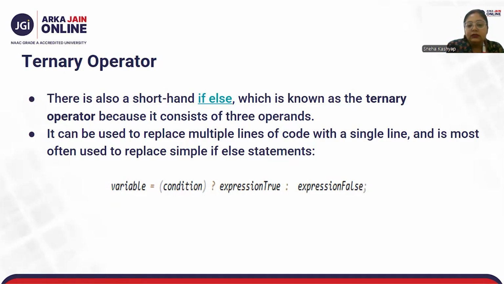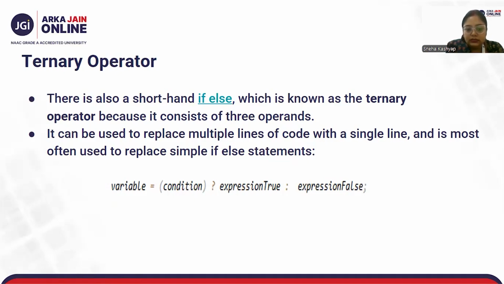Now I have given the condition of eating ice cream based on whether it will rain or not. So this type of condition is called if else. Now these come under the control statements which we will study in module 3. But as of now I've just given an example so that you get to know what it is. But this if else can be replaced by a ternary operator.